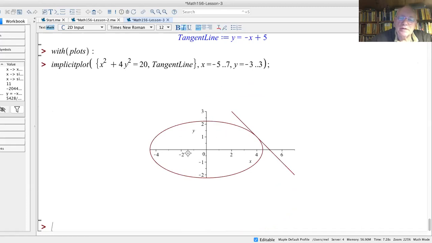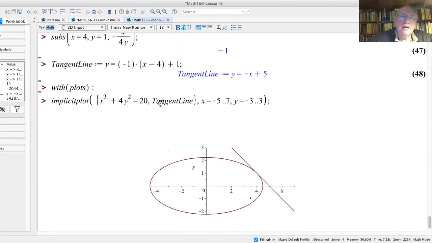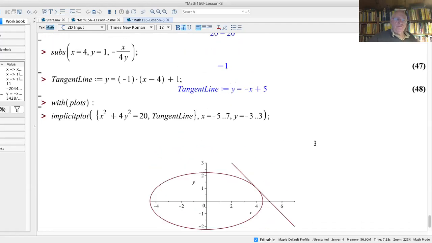Here's the ellipse. That's the x squared plus 4y squared equals 20. Here's the point 4, 1, which lies on the curve. And there, miraculously, is the tangent line. Okay. Well, I'll talk about this kind of graphing capability in the next class.